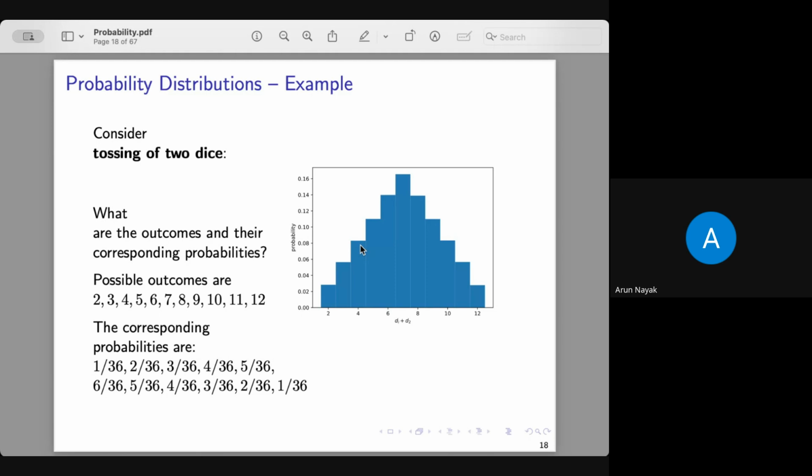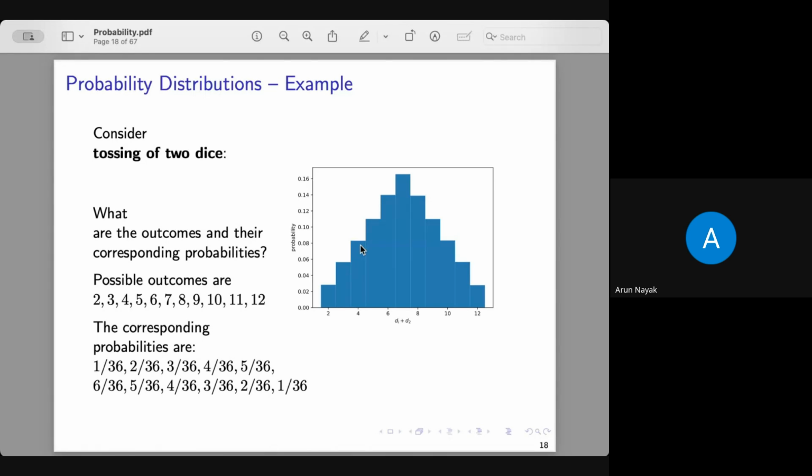Every time you will get 1 to 6 on each of them, so the total outcome will always be between 2 and 12. You cannot say which value you will get before throwing, but you can only say what is the probability of getting a particular outcome.